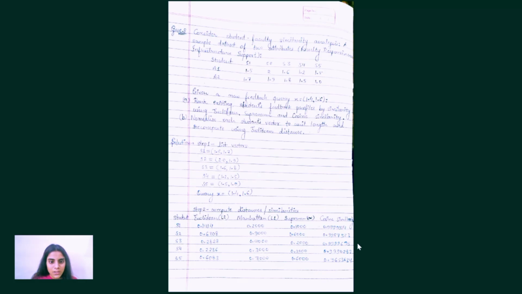After it, in step 2, compute distances or dissimilarities. We have computed the dissimilarities and distances in the table. After it, step 3 is ranking. So we rank on the basis of all these four: S1, then S4, then S3, then S5, then S2. So this is all about step 3, ranking.